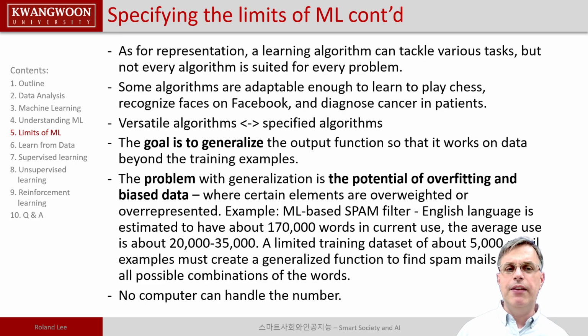A limited training data set of about 5,000 email examples must create a generalized function that can then find spam in all the possible combinations of words that can appear in an email, which is an astronomical number that far exceeds the capacity of any computer to calculate.